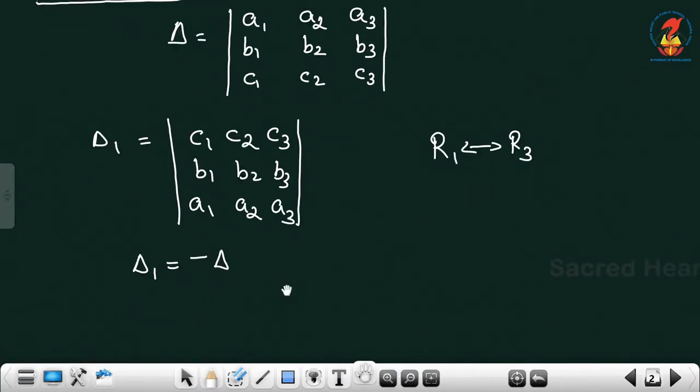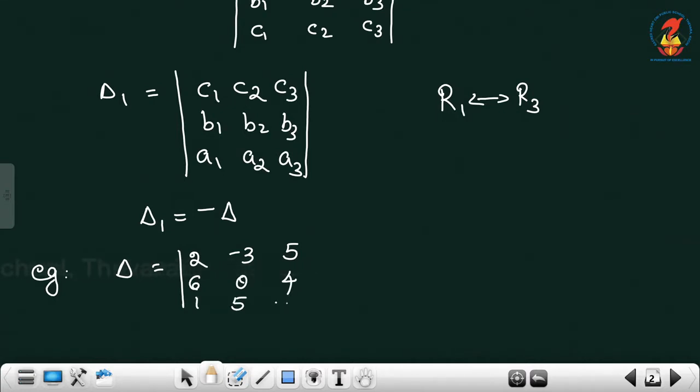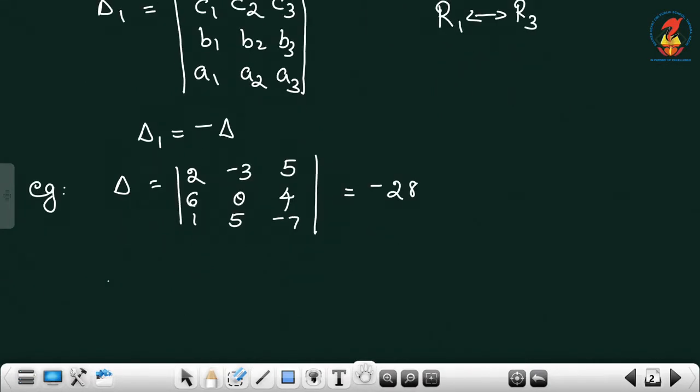So we can verify this taking one example. In the last example we have the determinant delta equal to 2, minus 3, 5; 6, 0, 4; and the third row is 1, 5, minus 7. Its value is minus 28 from the previous example.